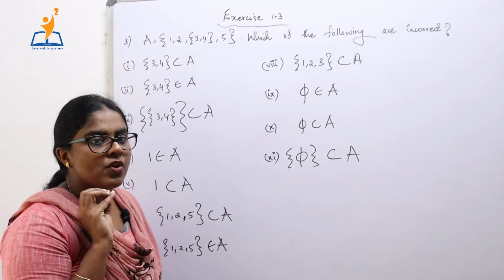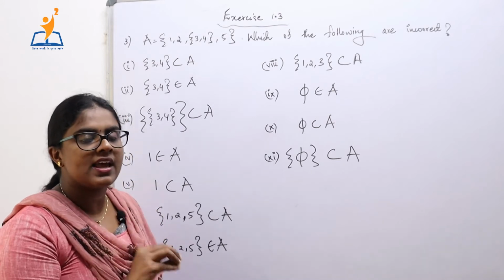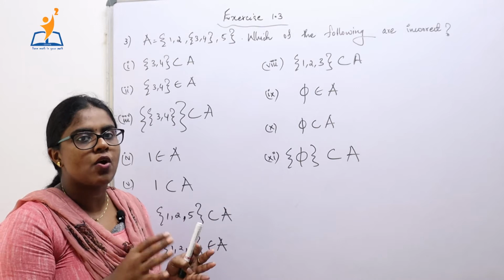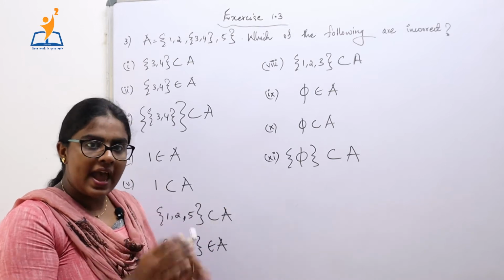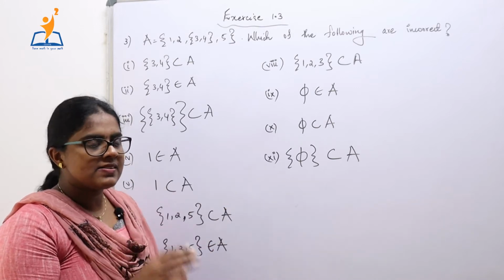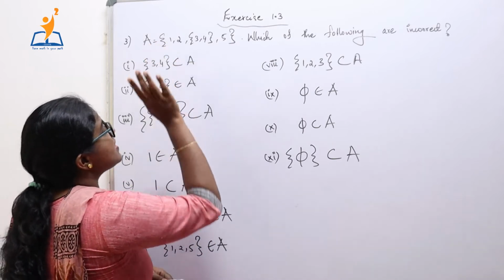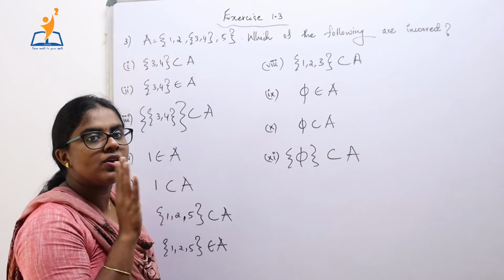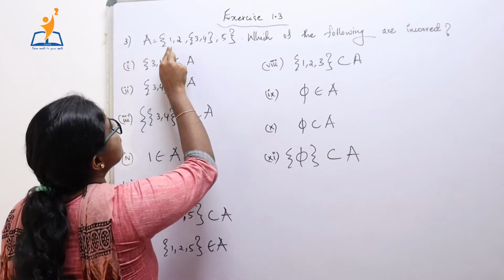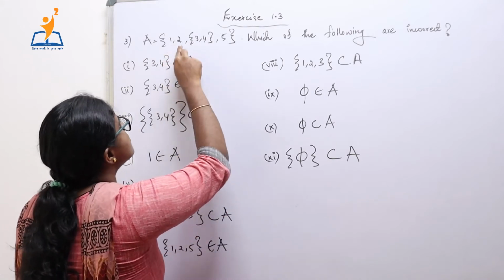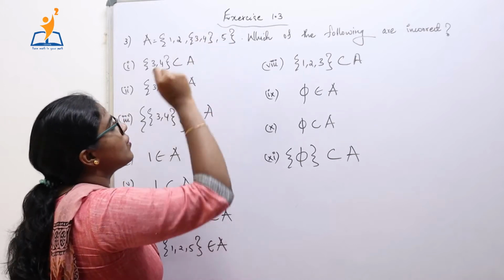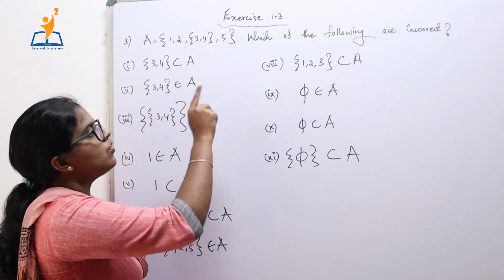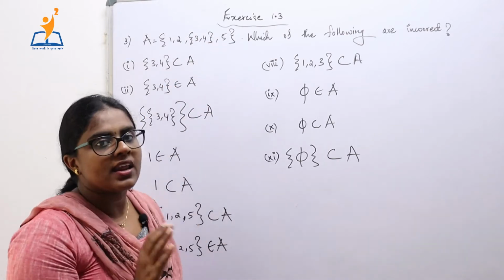This question is very important to realize the difference between the concept of subset and element of a set. Remember that this particular set has only 4 elements, and the 4 elements are 1, 2, set 3, 4 and 5. Now which of the following are correct?